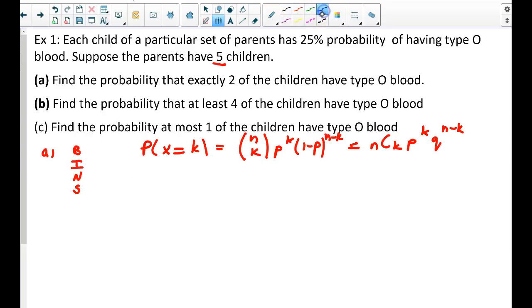So let's look at the information we're going to fill in. We have 5 children. That's the total number of trials. We want to see if we have exactly 2 children with type O blood. The chance that a child has type O blood is 25%, and Q is 1 minus P, so it's 1 minus 0.25, or 0.75. Let's fill into the formula.